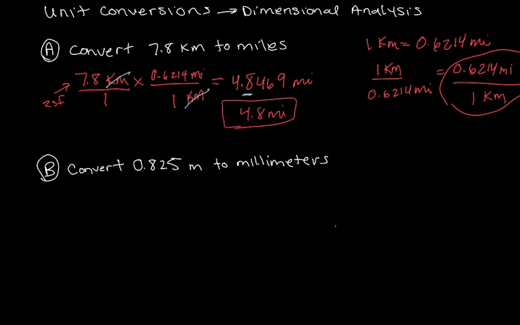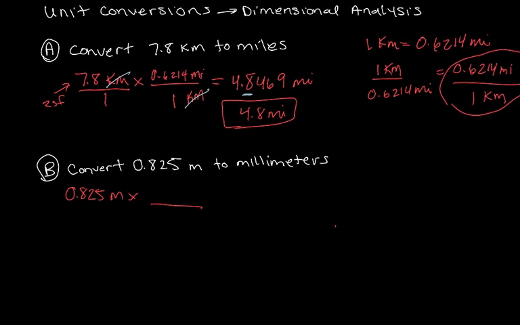Okay, now let us do B, where we convert 0.825 meters to millimeters. This is a conversion from metric to metric. Again, in dimensional analysis, we always write what we are given times a conversion factor.